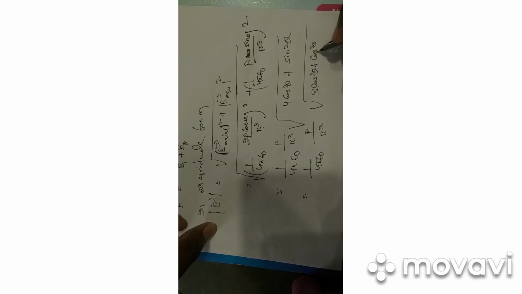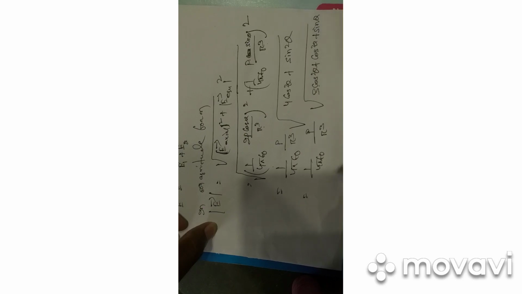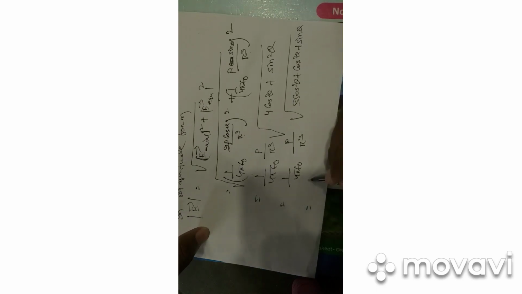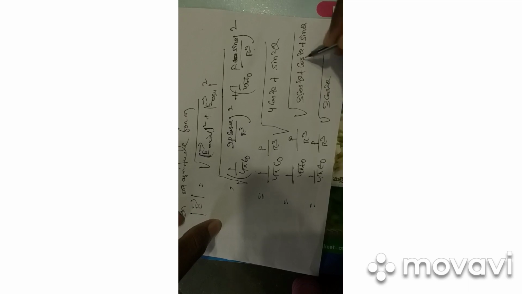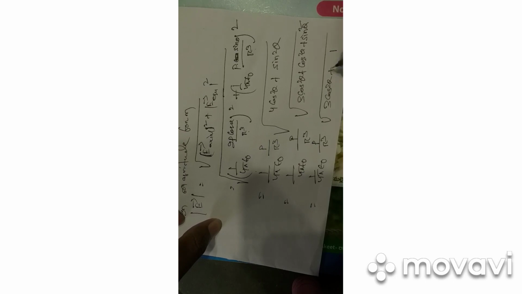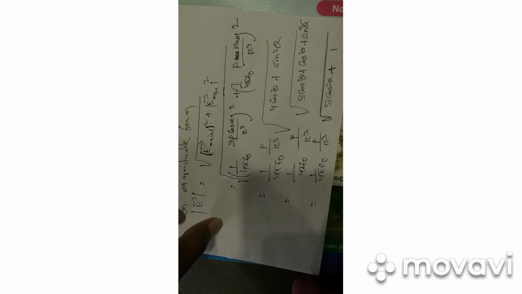3 cos square theta means 4 cos square theta plus sin square theta. So the electric field intensity is represented as 1 by 4 pi epsilon 0 p by r cube, where 3 cos square theta plus sin square theta equals 1. So it is the square root of 3 cos square theta plus 1.